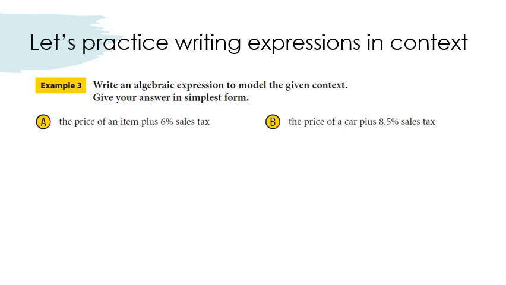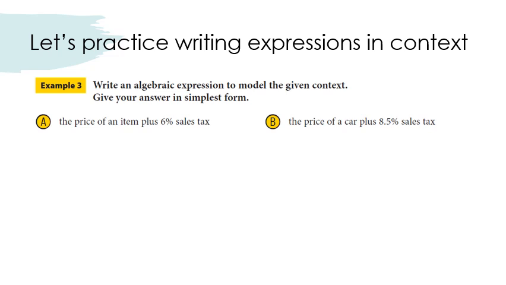On page 48 of your workbook, at the top, you'll see a table that has some of the words that were listed on the prior slide. Those are words you need to be looking for and able to translate into mathematical operations.